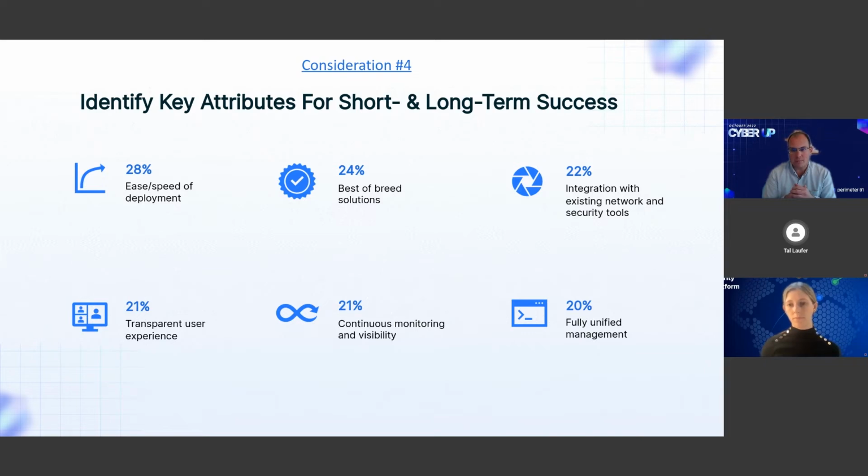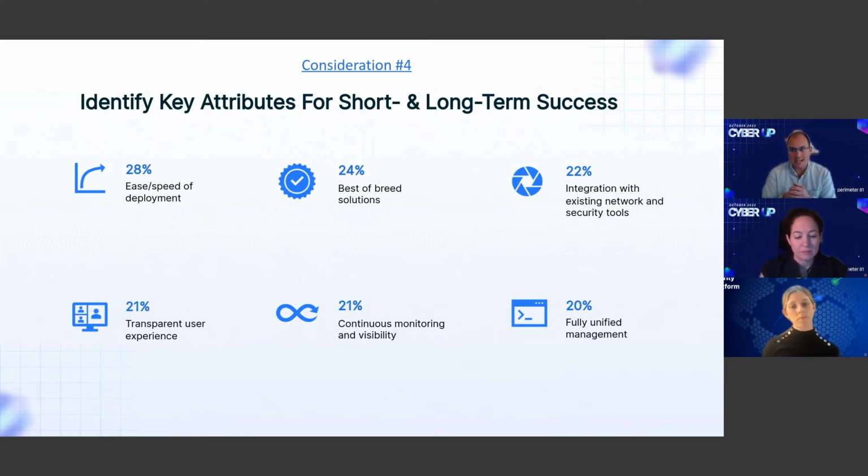And that doesn't mean best of breed necessarily in the traditional sense of the term, but really the idea that organizations are not looking to sacrifice efficacy just for efficiency. There's a balance. And so you need to marry strong security with ease of deployment and broad capabilities. So that's really important.